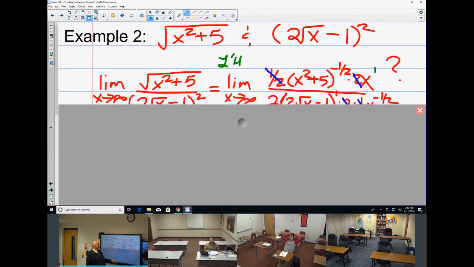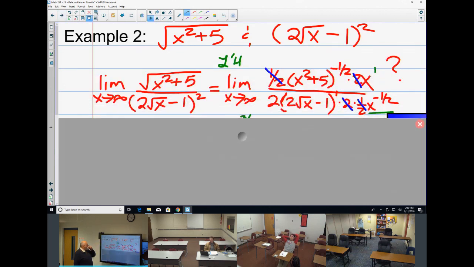If I try and plug in, I get infinity. Square root of infinity squared is infinity over infinity. So then I use L'Hopital. But when I start taking the derivatives, it really isn't getting any easier.